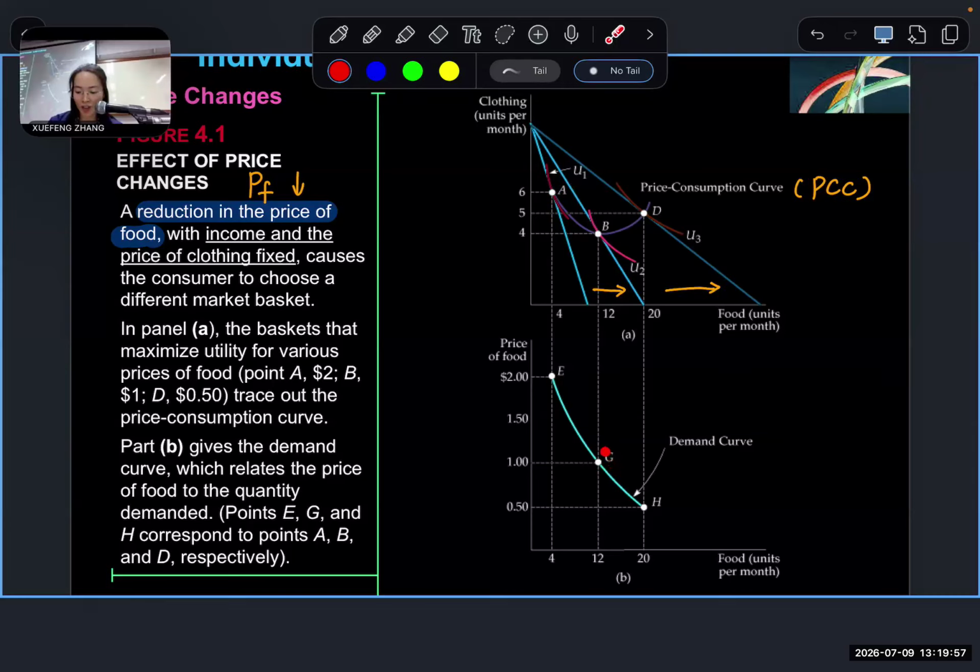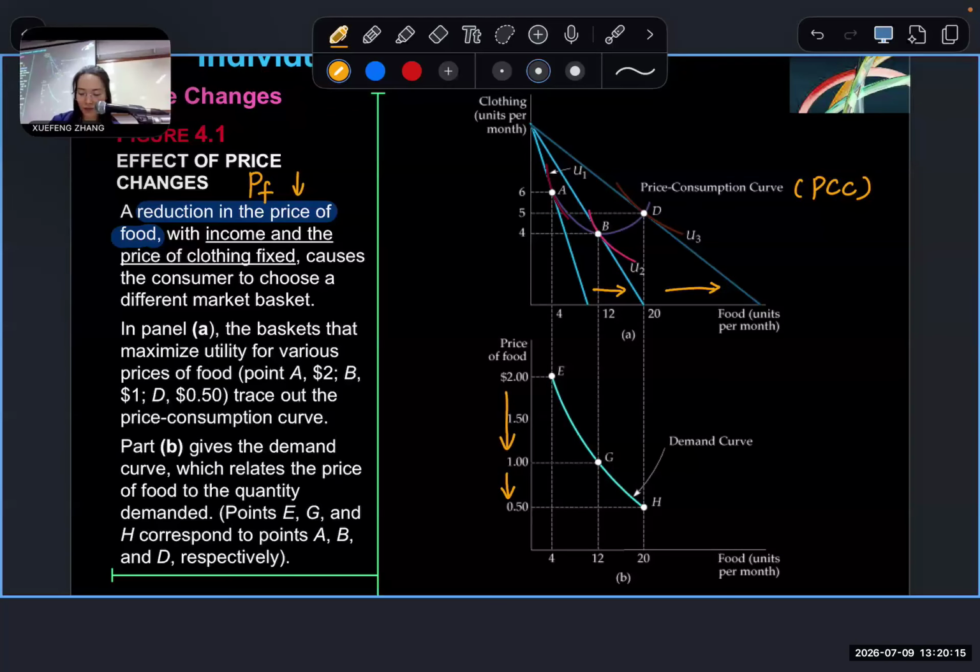And G is related to point B. So H represents point D, right? Because let's see the price. This is the price, right? The price of food decreases from 2 to 1. And then from 1 to half. So each time when the price changes, we're going to have different optimal bundles, right?